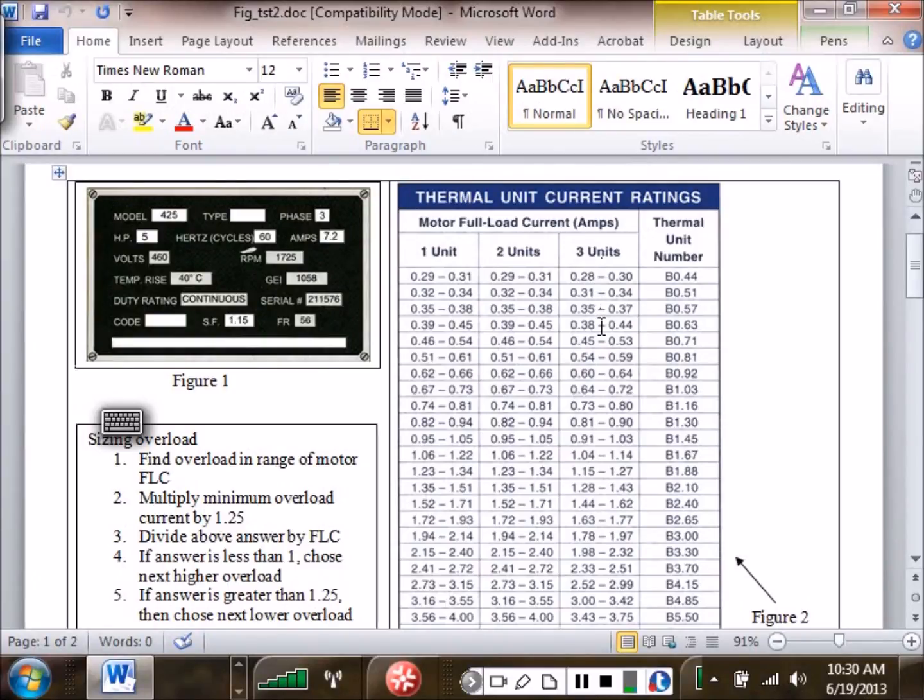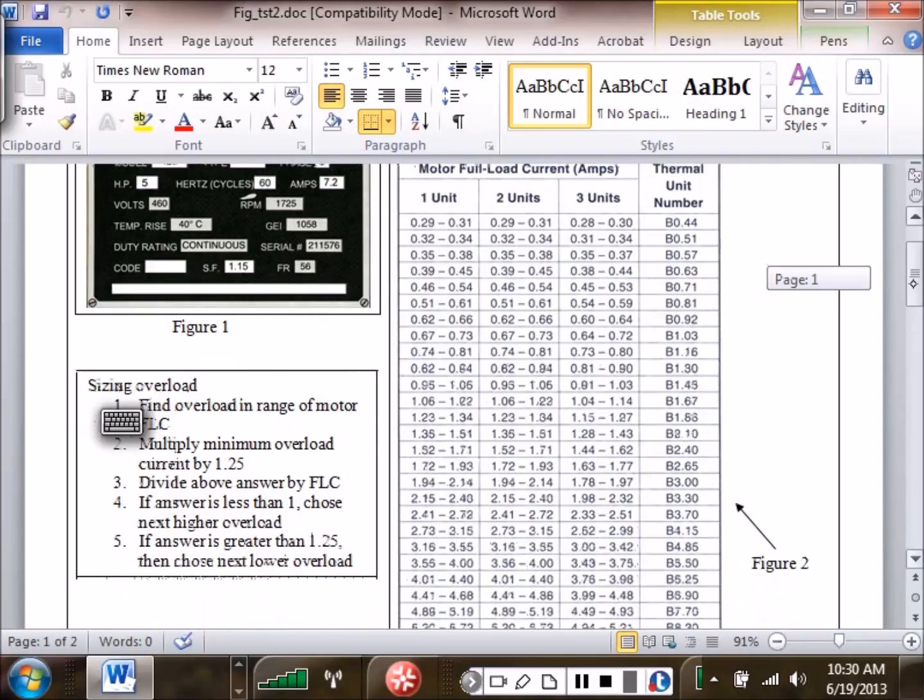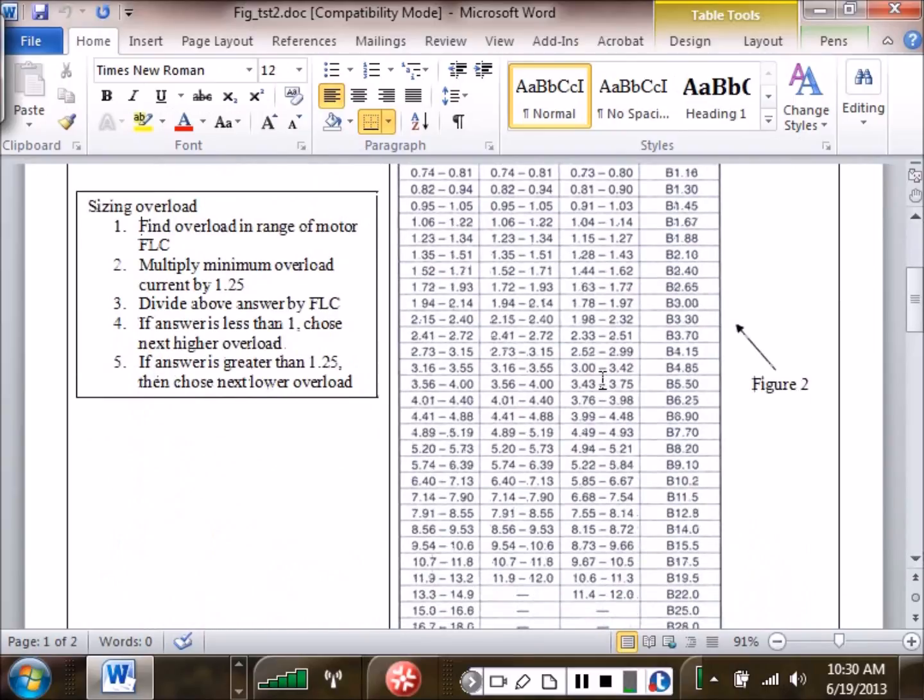Okay, does that make sense? Now what I'm doing is I'm finding a unit that has an overload where 3 amps falls in there. So I'll drop down to this one right here, which for this manufacturer would be overload B4.85. This number on the right-hand side is unique to this manufacturer. This is their model for this overload.